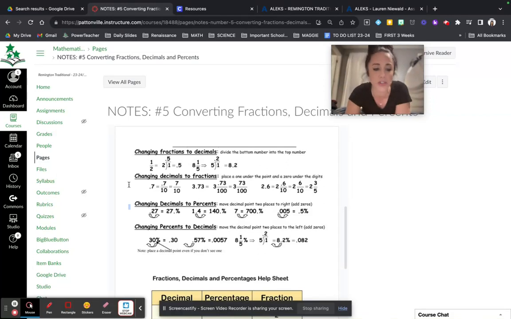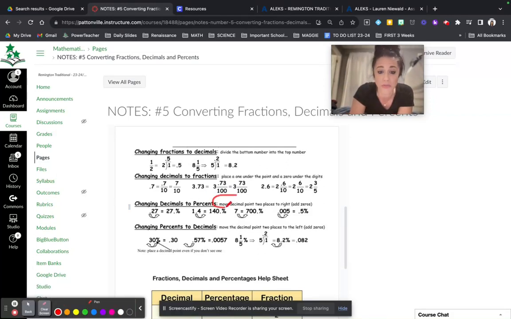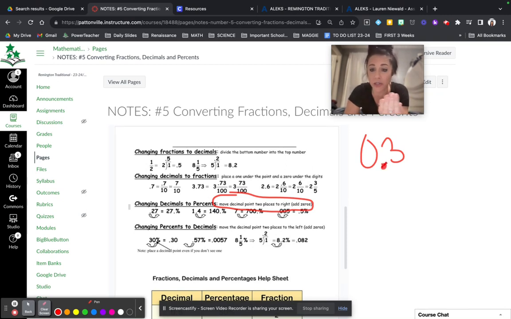Okay. So for some examples, while we have the notes pulled up, we're going to move our decimal point 2 places to the right. Okay. So what if I had 3/10, right? No matter what, here is my decimal. It is like you are peeling it off of your paper and you're flipping it like a pancake. Okay.